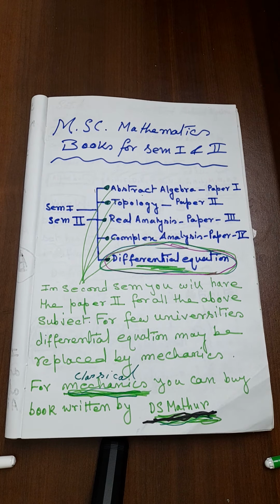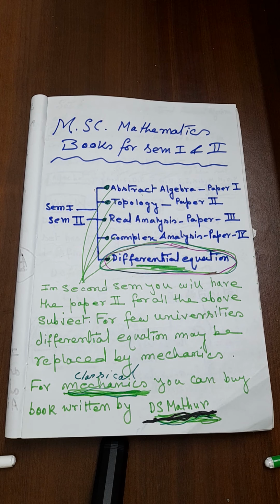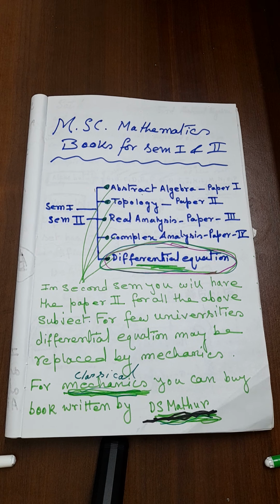In the last three videos, I showed you the books for semester 1 and also explained what the subjects for semester 1 will be. I also told you that for 95% of the universities, the subjects in semester 1 will be continued in semester 2 as paper 2.